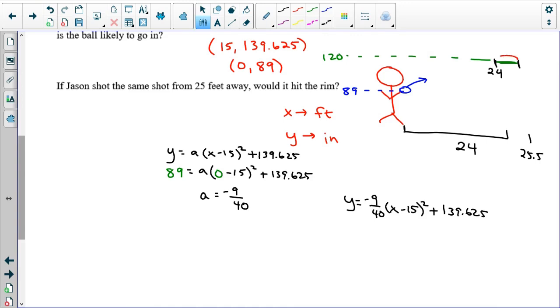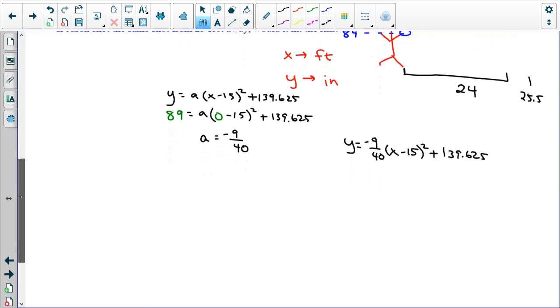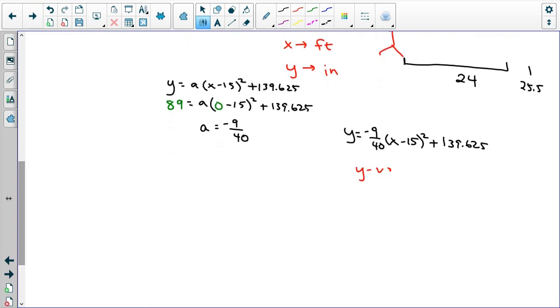So what that means is the ball is likely to go in if the y value, there are actually a couple different ways that I can think about this. If the y value reaches 120 when x is between 24 feet and 25 and a half feet.